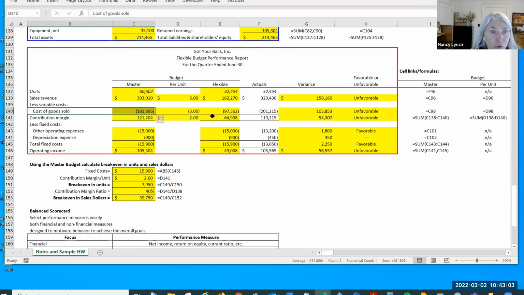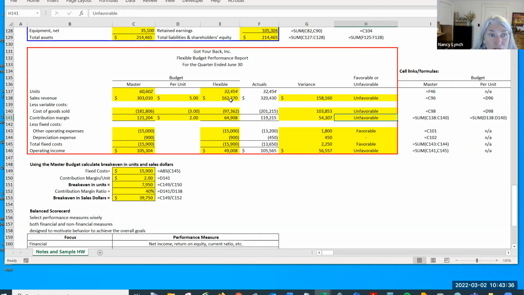I'm going to compare it to what my cost of goods sold should have been, given that I sold 32,454, not had I sold 60,602. So this flexible budget is varying for the actual quantity so that I can then make these comparisons. That is what you're doing for your variance. And then you determine whether it's unfavorable or favorable. Was it a good result or a bad result?